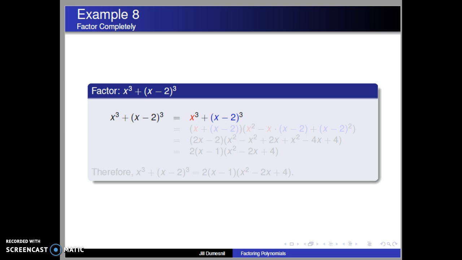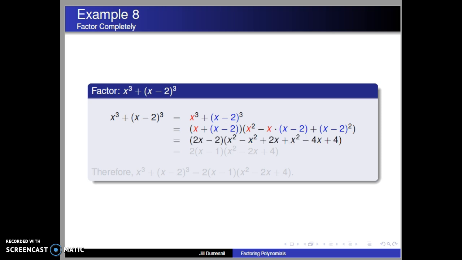We can use the SOAP rules to factor. We get the first base plus, same sign, the second base, times the first base squared, minus, which is the opposite sign, the product of the two bases, plus, always positive, the last base squared.